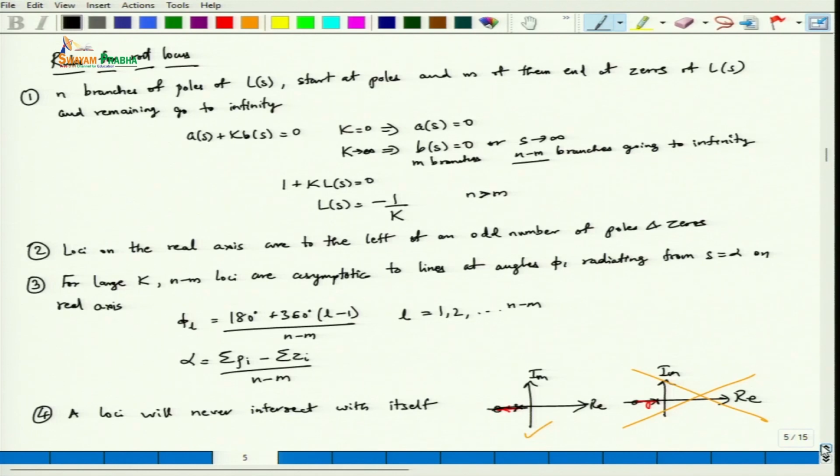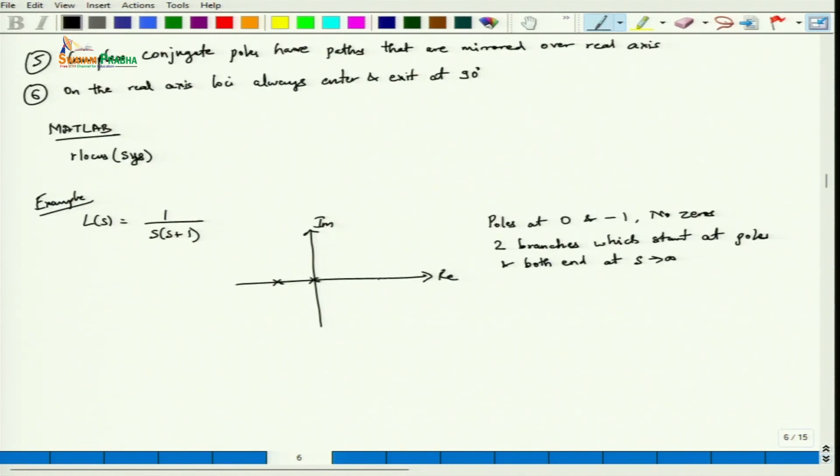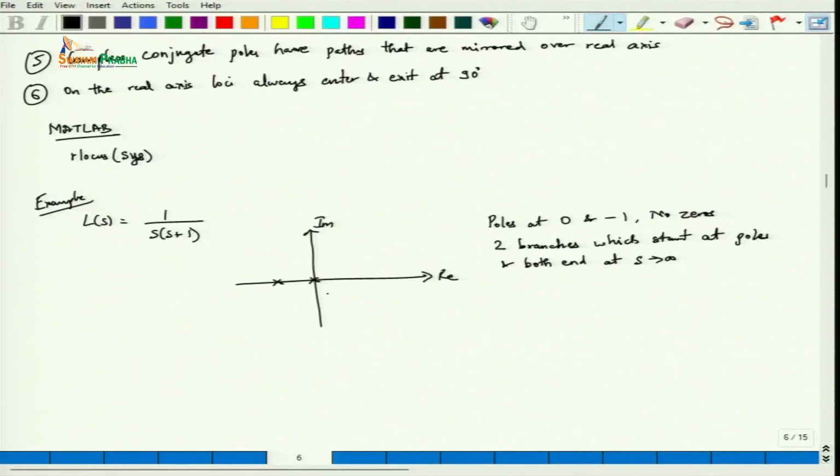Let's come to the second rule, which says that the loci on the real axis are to the left of an odd number of poles and zeros. If we consider the positive real part, there are no poles and zeros on the right hand side, so this cannot be part of the root loci. Between 0 and -1, on the right side you will see that there is one pole.